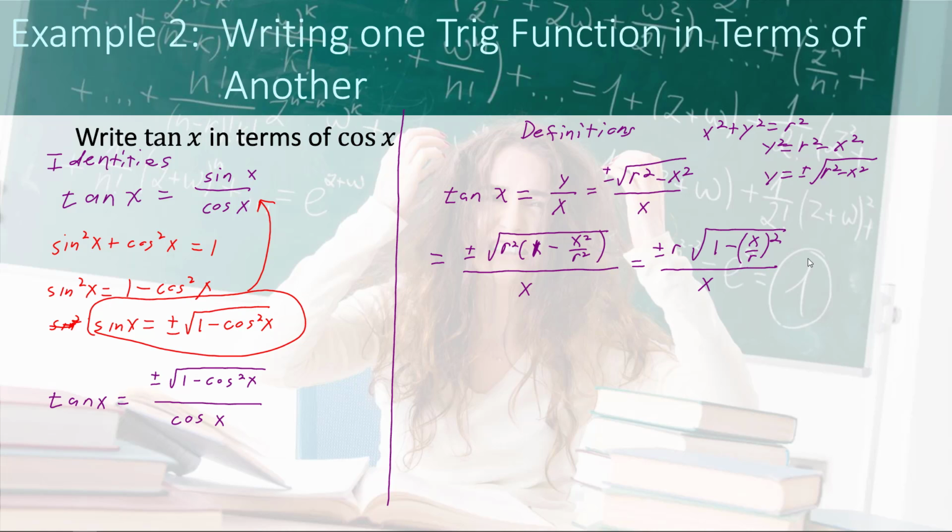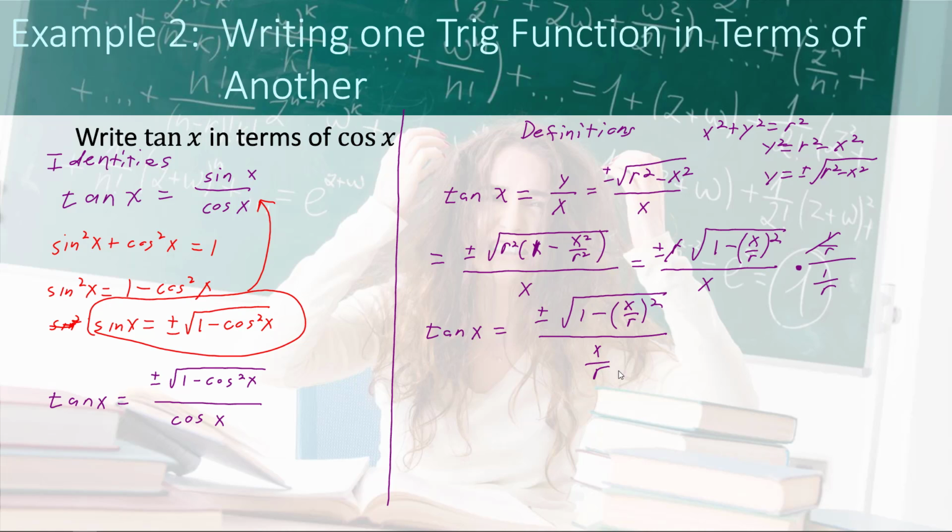And now I can multiply this fraction by 1 over r over 1 over r. And if I do, these cancel, and I will have that the tangent of x is equal to plus or minus the square root of 1 minus x over r, the entire thing squared, divided by x over r.